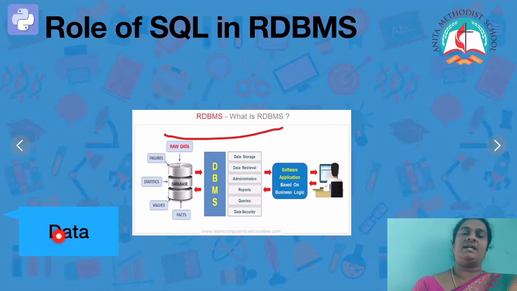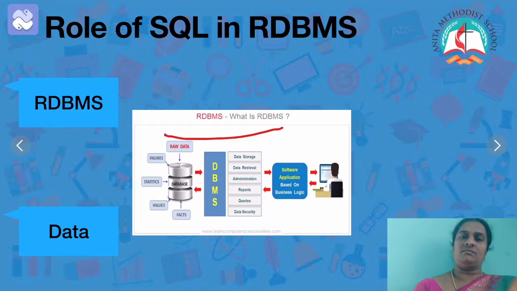Data. What is data? A raw fact is called data. When you put the data together, it gives us some meaningful information, that is called information. We learnt about RDBMS. It's a combination of raw data, storage, figures, statistics, values, and everything combined together is the RDBMS.